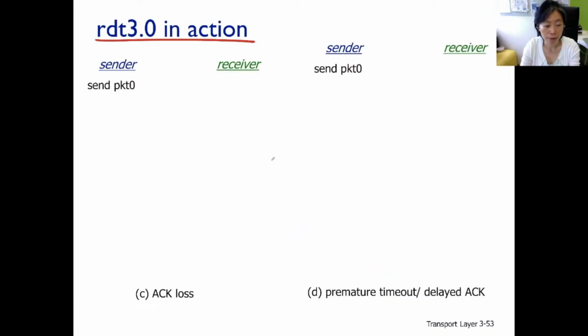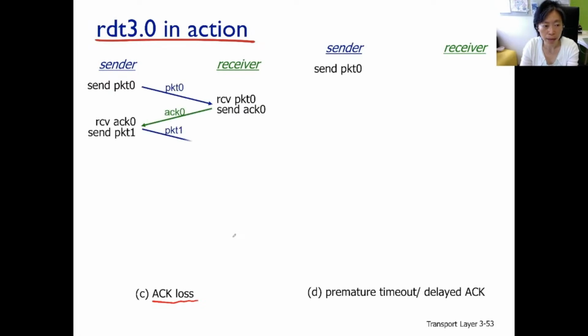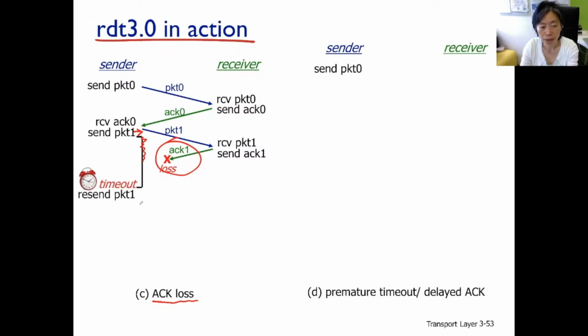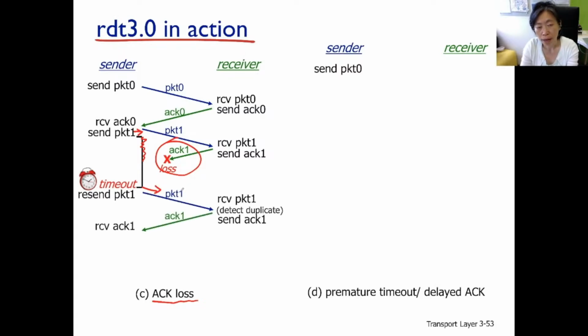And the third scenario is the ACK loss case. So packet 0 gets out, ACK 0 comes back. Packet 1 goes, and ACK 1 gets lost. What's going to happen there is the timer for packet 1 is going to tick and tick and tick until what? Expiration. So this is going to trigger packet 1 being resent, and finally ACK 1 gets received, and data 0 goes out again.